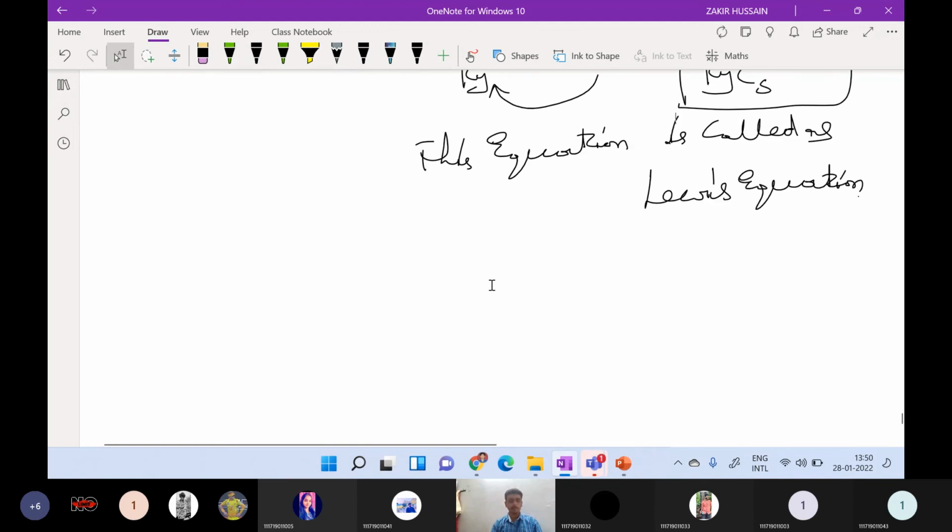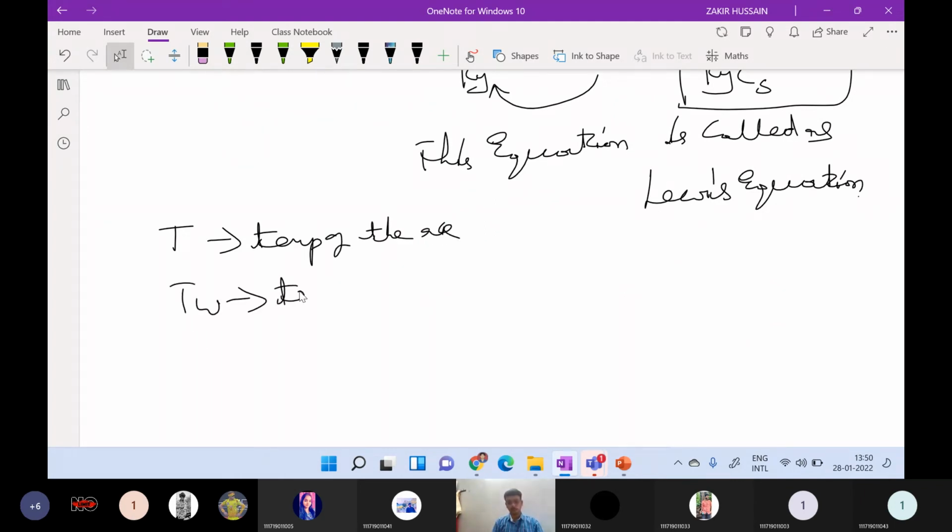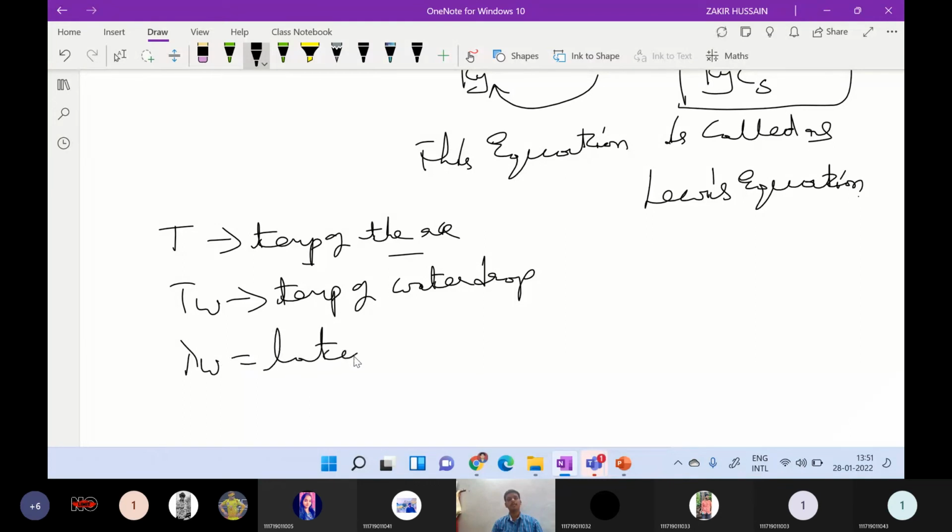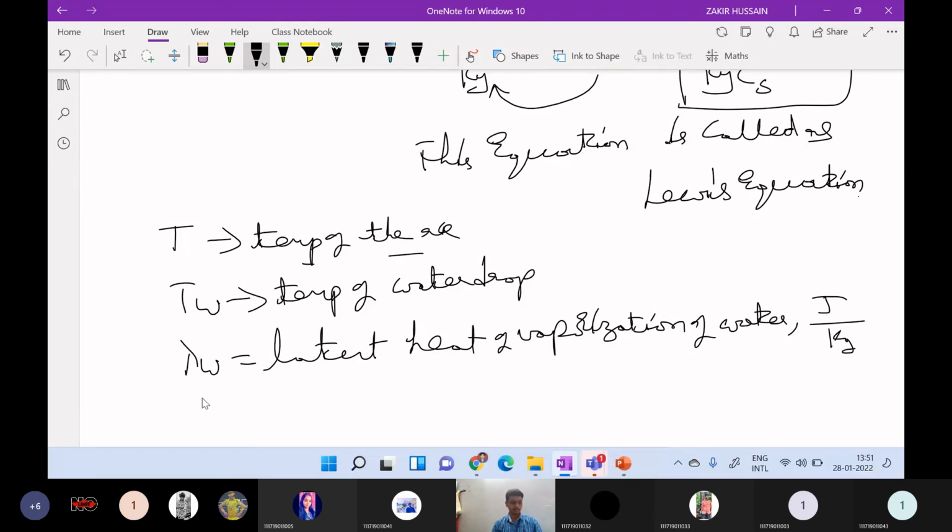Let us define the various parameters. T is the temperature of the air, the dry bulb temperature, DBT. Tw is the temperature of the water drop, the wet bulb temperature, WBT. Lambda W is the latent heat of vaporization of water, measured in joule per kg in SI units.